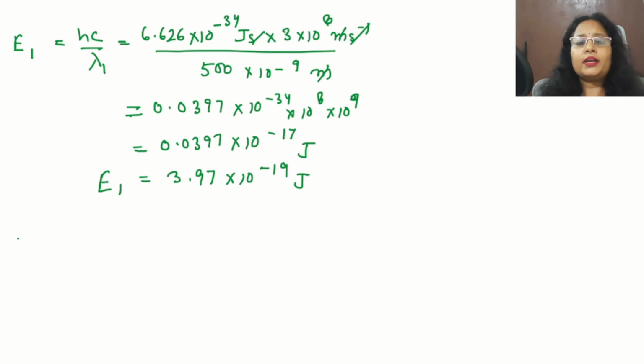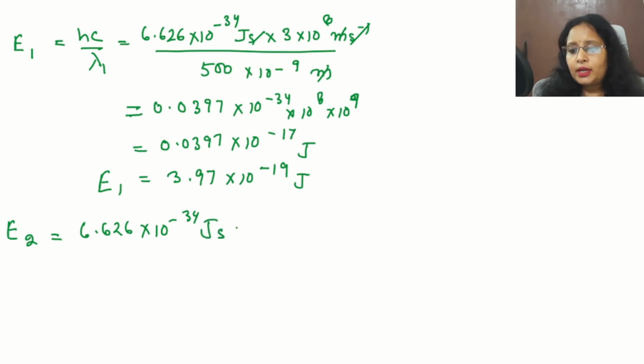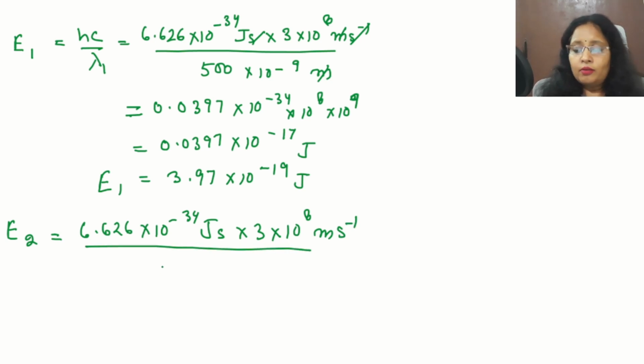In the same way we will calculate E2 and E3. E2 will be the same: 6.626 into 10 to the power minus 34 joule second into 3 into 10 to the power 8 meter per second divided by lambda 2. Lambda 2 is given here, 450 into 10 to the power minus 9 meter.